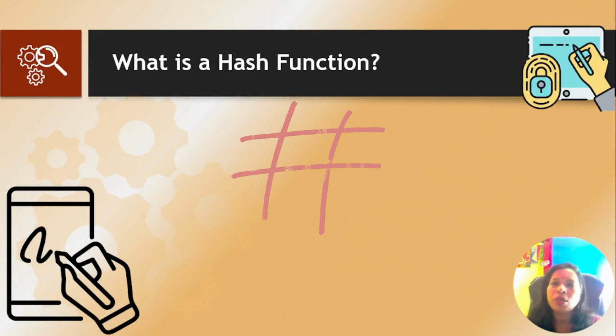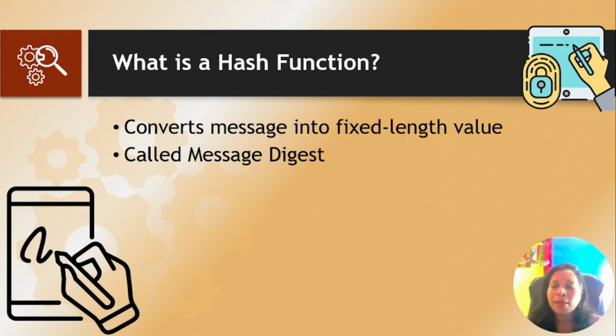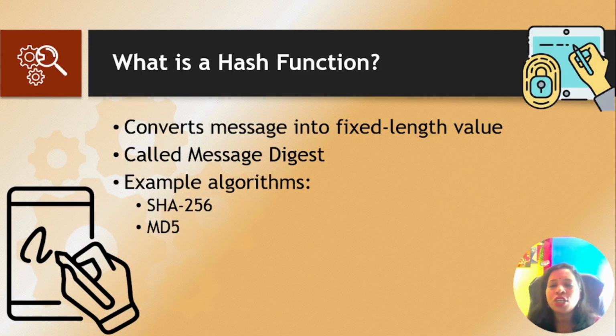Now let's discuss what a hash function is. Before signing a message, we do not sign the entire message directly; instead we first apply a hash function. A hash function converts a message of any length into a fixed-length output called the message digest. For example, SHA-256 and MD5 algorithms.